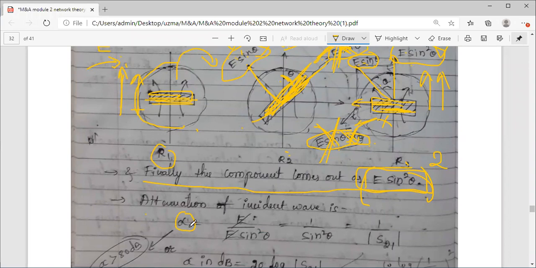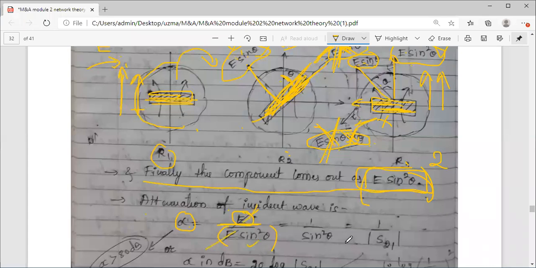Alpha is the ratio of the input to the output you are getting. That is input by output. It is the reciprocal of your gain. So input is E, the transmitted wave, and output is E sin square theta.